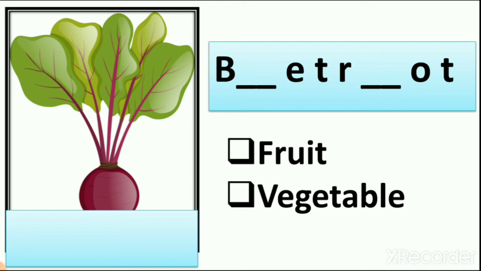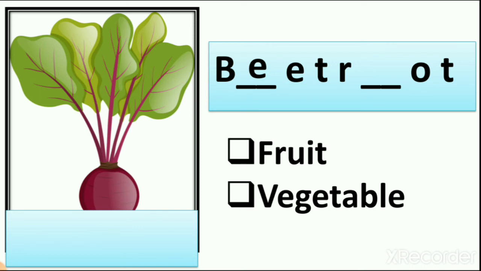So let's write the spelling of beetroot. What is the spelling of beetroot? We have B. Then which letter is missing? Yes, E. So we write here E. B double E, then T, R, then which letter comes?